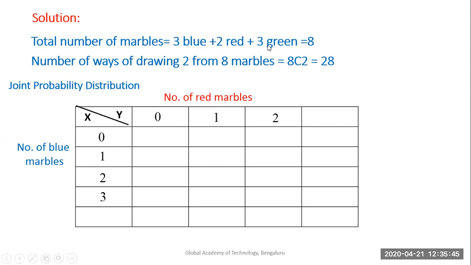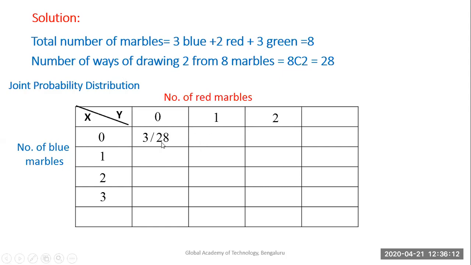So there are 3 green marbles, and you have to draw 2 from 3 green marbles. That is 3C2 divided by 8C2. So 3C2 is 3, giving 3 divided by 28.